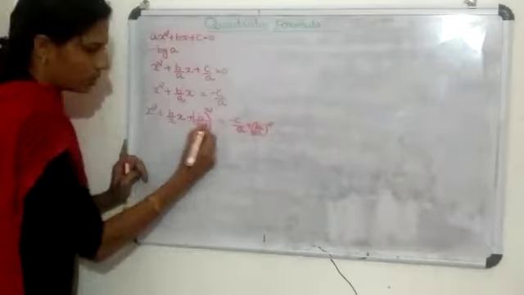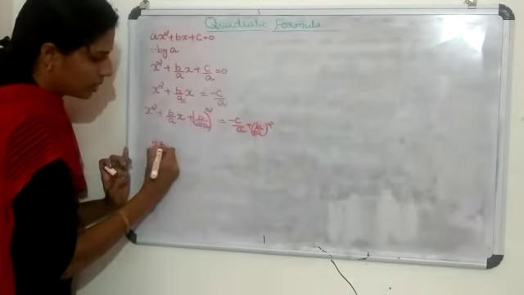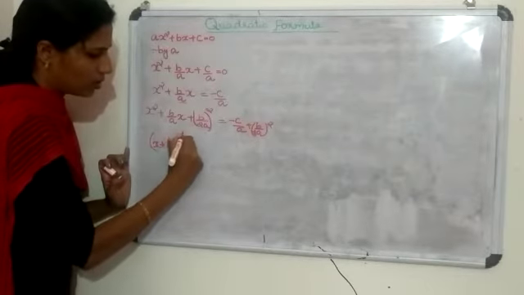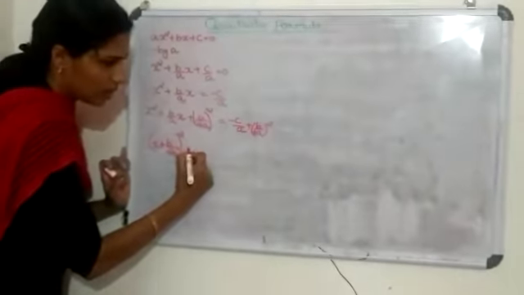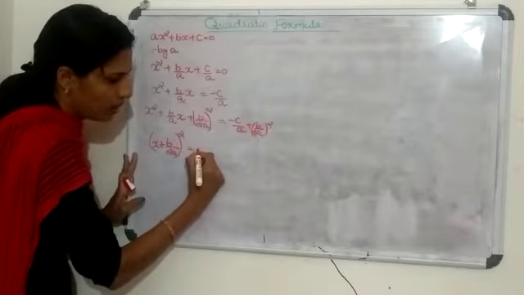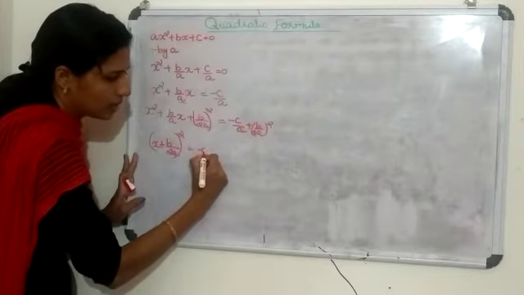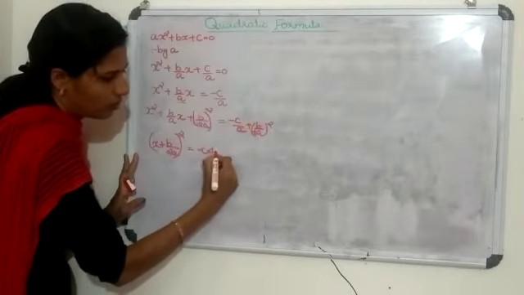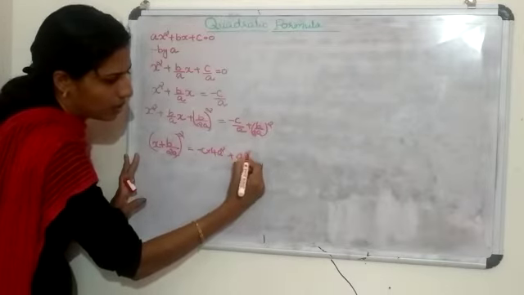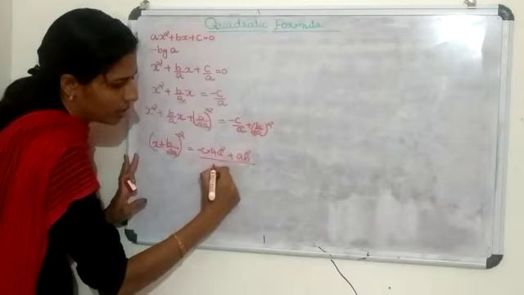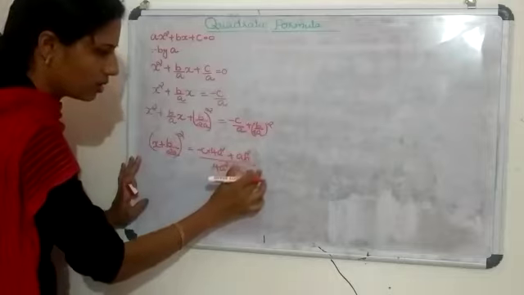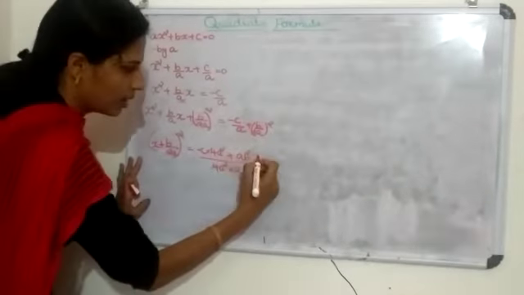So we can write x plus b by 2a whole square, the a plus b whole square form, equal to, now see, cross multiply this: minus c into 4a square plus a b square divided by 4a square into a. Now this part I am telling about is the RHS part.